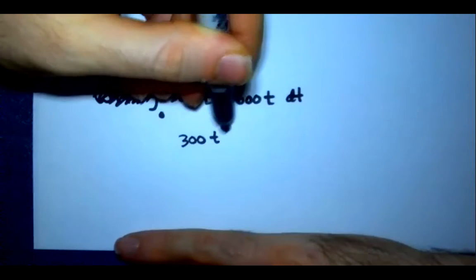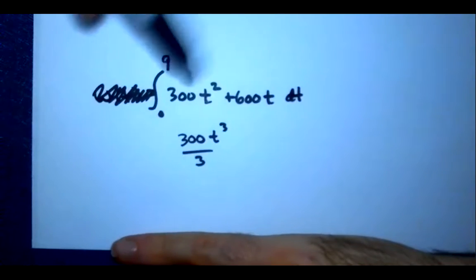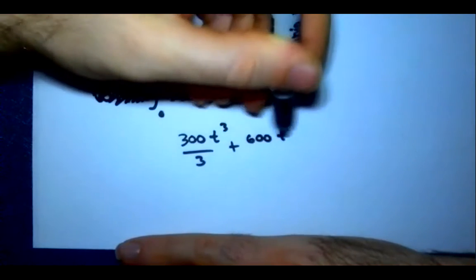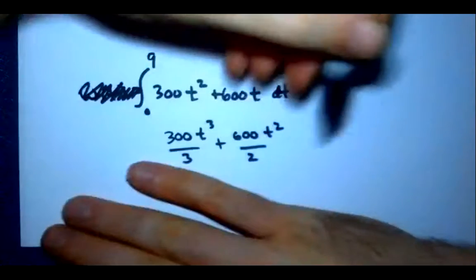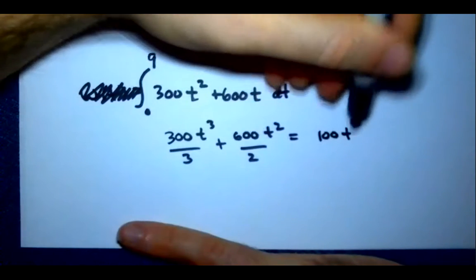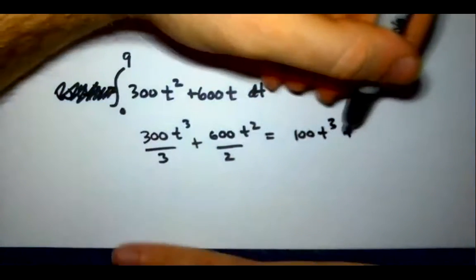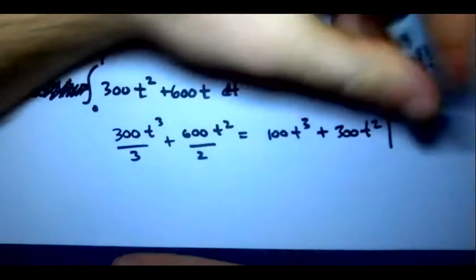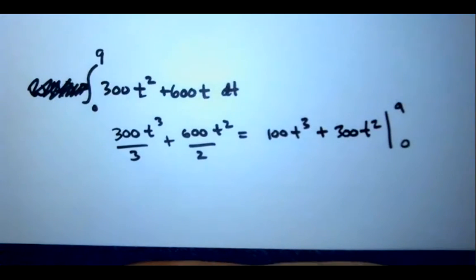Don't get intimidated by the big numbers. 300 t to the third over 3 plus 600 t squared over 2. That's really equal to 100 t to the third plus 300 t squared, bounds 0 to 9.